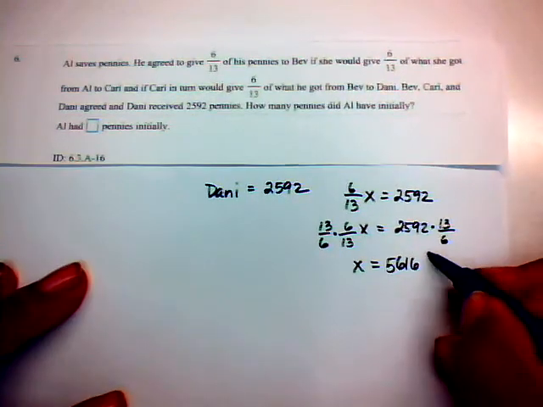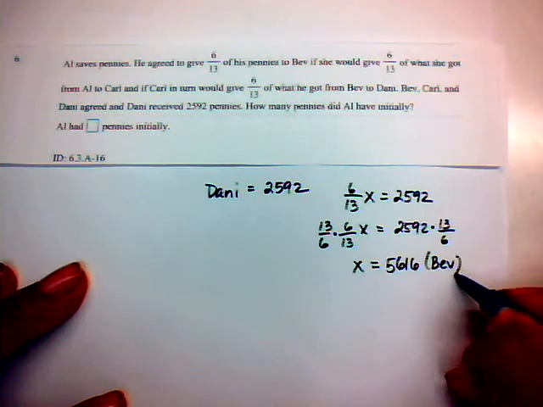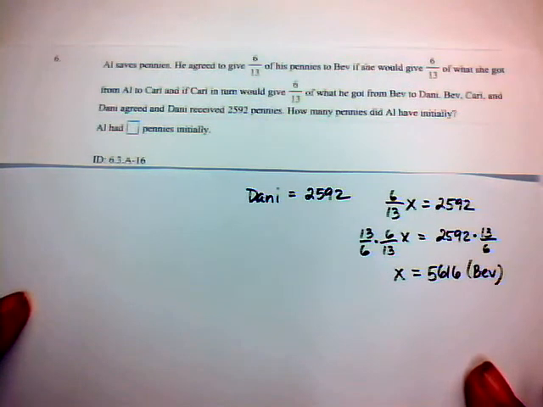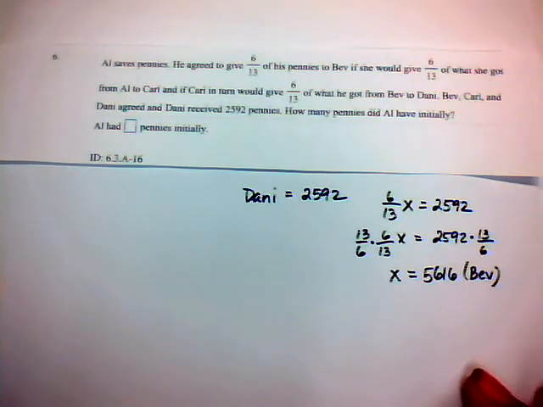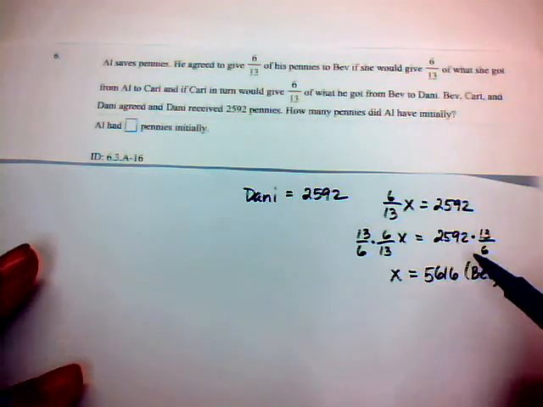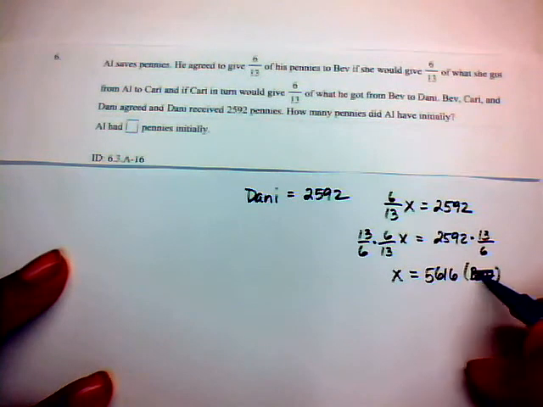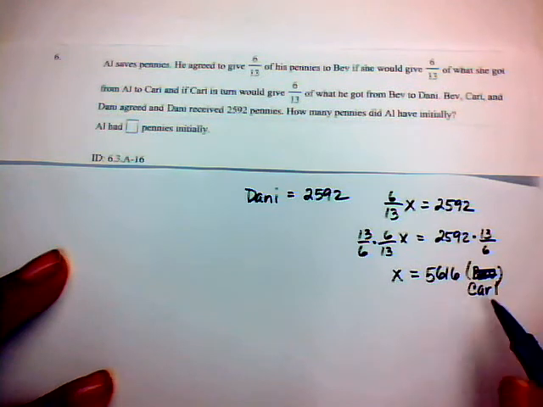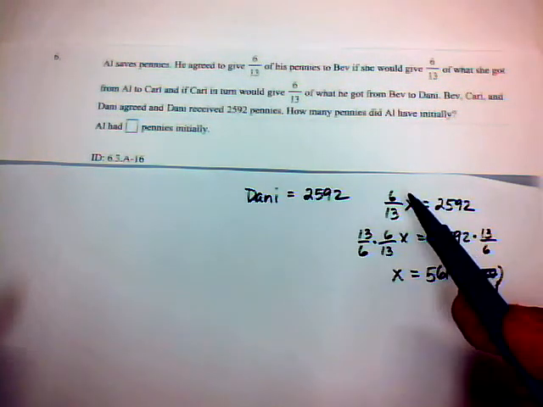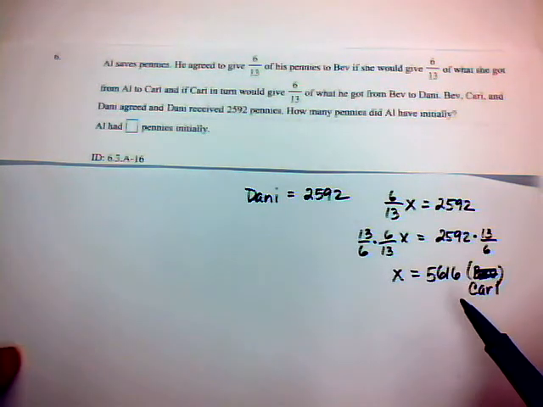So these are the number of pennies that Bev received. 5,616. Now these are the number of pennies that Carl received. I'm sorry. Carl received these pennies from Bev, and he's giving 6/13 of that to Danny.